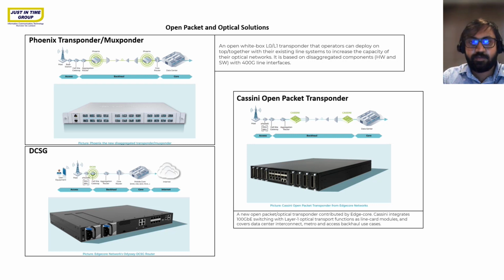Those optical line systems could also be disaggregated. That means you can take the operating system separately and hardware separately. There are a lot of incumbent projects. Cassini is one of them, and also Phoenix is one of them. Phoenix is a muxponder and transponder equipment, and Cassini is a transponder. So there are a lot of options out there for operators to consider if they are considering disaggregation in their transport networks.